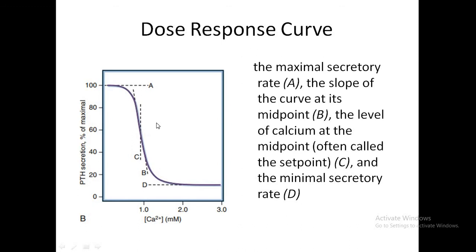That is the level of the calcium at the midpoint of the slope, and D is called the minimal secretory rate. So this curve is a sigmoid shaped curve.